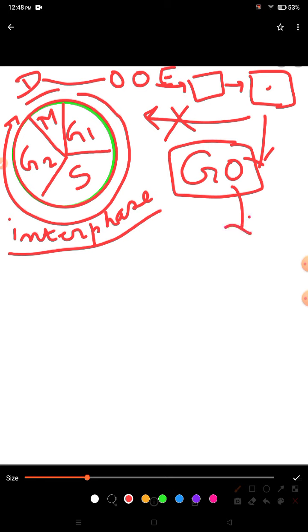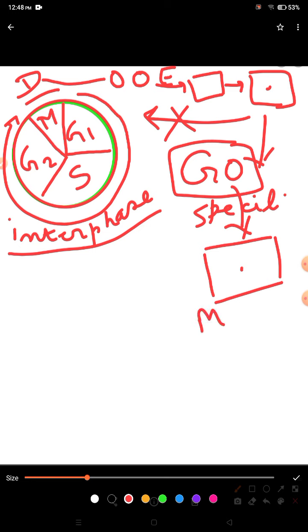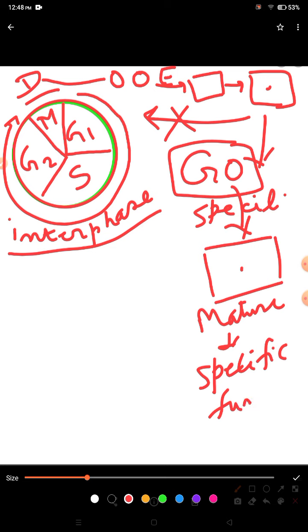It becomes specialized, becomes mature, for performing specific function. This is the process which we call differentiation.